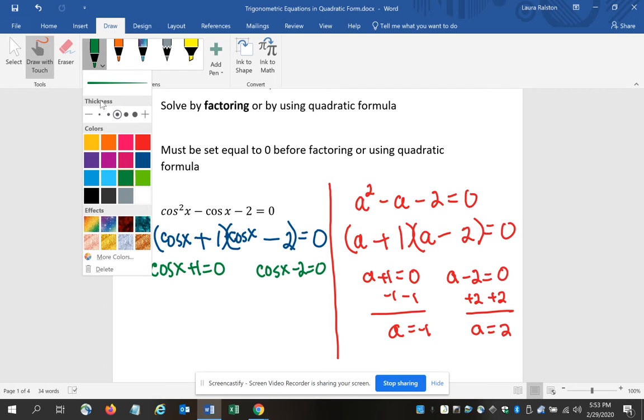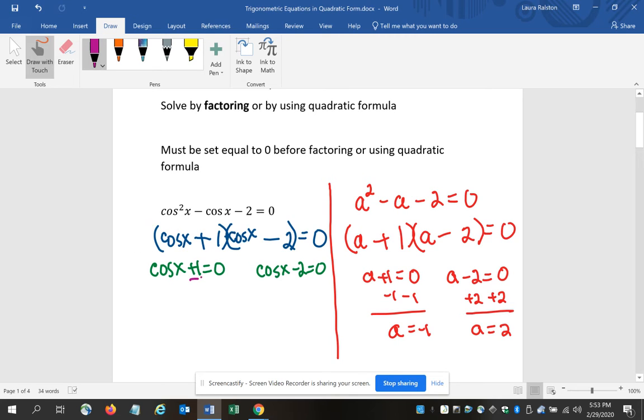And I'm going to solve each of those respectively for cosine. So I would subtract 1 from either side, so I have cosine of x equals negative 1. For the other one, I'm going to add 2 to either side, so cosine of x equals positive 2.